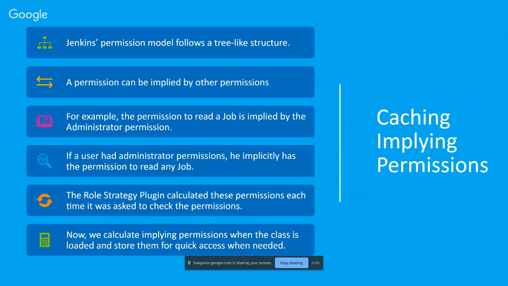So role strategy plugin used to calculate each of these implying permissions every time for a permission check, in the same way that it was calculating the matching roles. And now we store these implying permissions whenever the class is loaded.